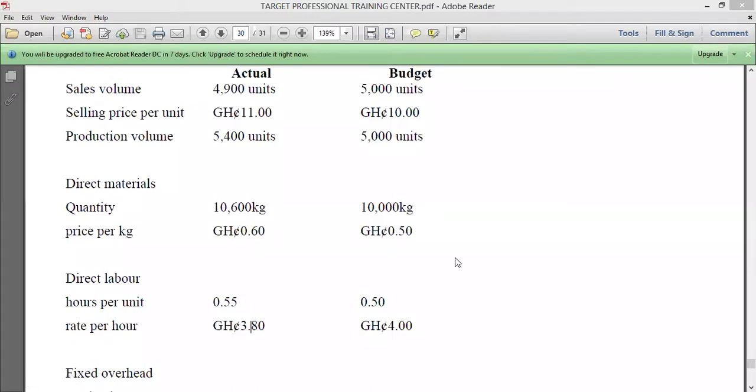So here too, the budgeted hours will be the same. Once the rates are the same, we follow the same approach. So it's 0.5 hours at 4 Ghana cedis.